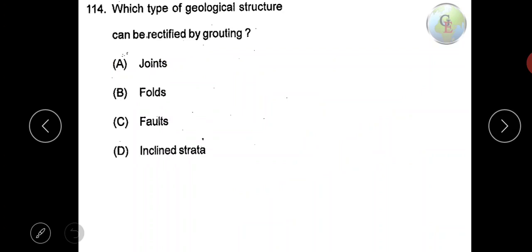Next question. Which type of geological structure can be rectified by grouting? Grouting is the injection of a slurry mixture of water, cement and sand into the joints. It is generally carried out to increase the strength of the rock, because when we find a rock with a lot of fractures and joints, the strength will be much weaker.